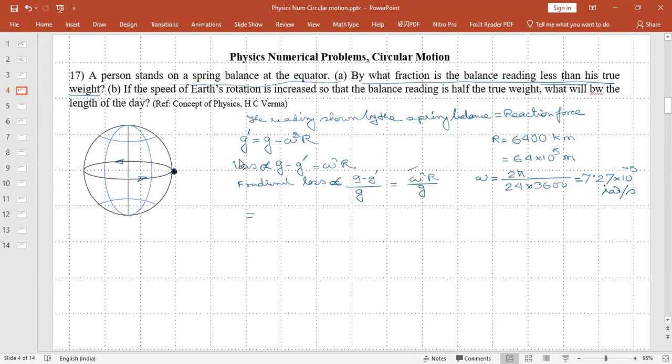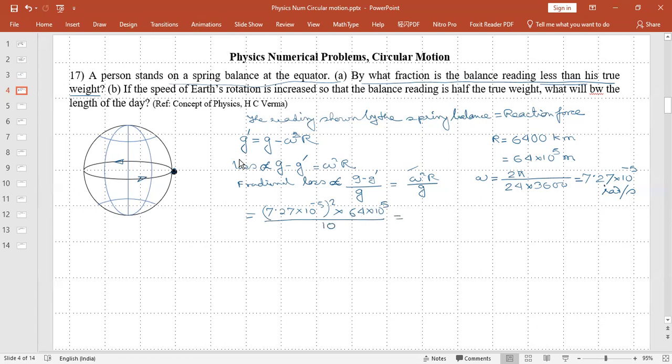So fractional weight loss is not difficult to find out now. Fractional weight loss is omega squared r by g, that means 7.27 into 10 to the power minus 5 whole square, multiplied by r equal to 64 into 10 to the power 5, divided by g. You take the value of g.